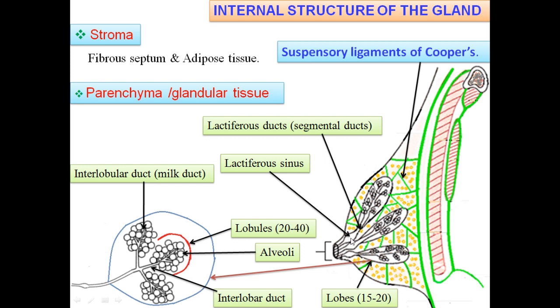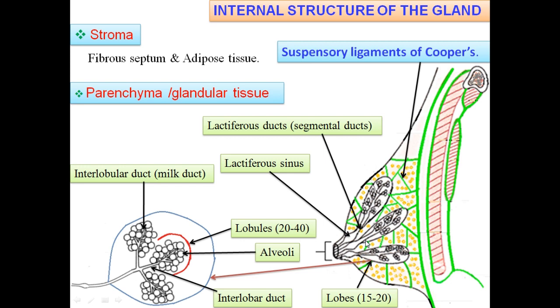The terminal end of the lactiferous duct is dilated to form the lactiferous sinus, and it acts as a reservoir of the milk. This lactiferous sinus will form the collecting duct that directly opens into the nipple.